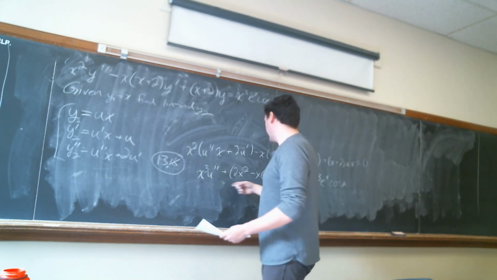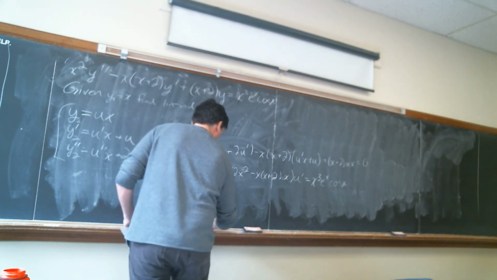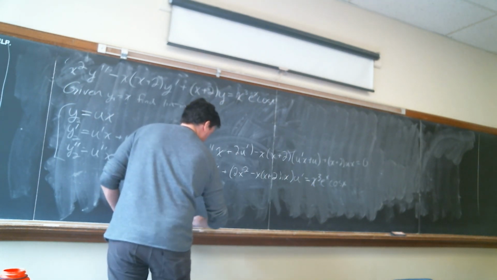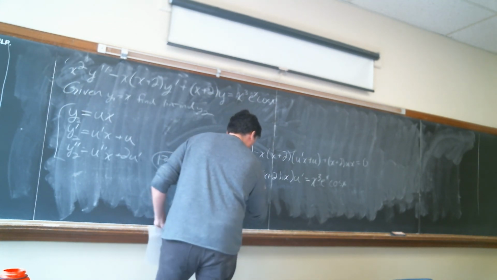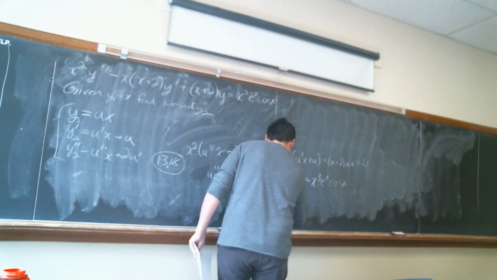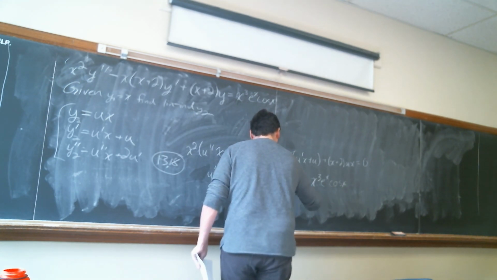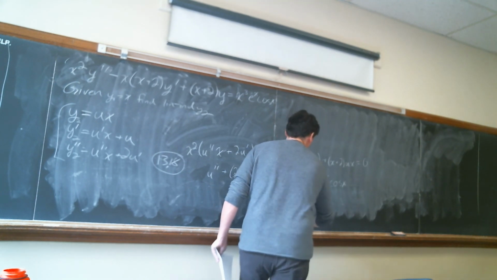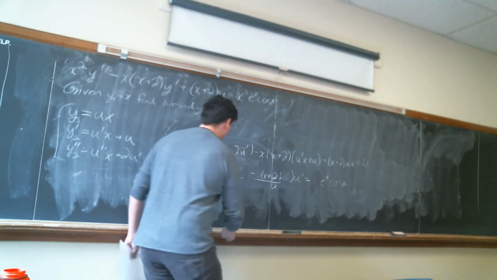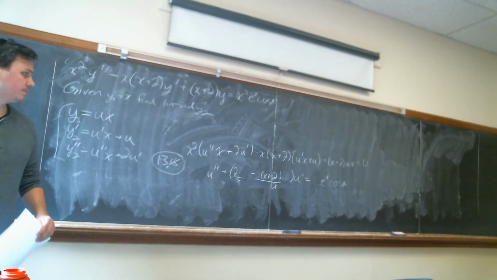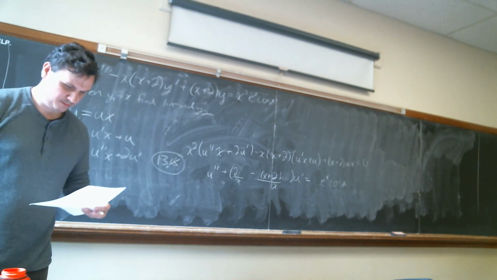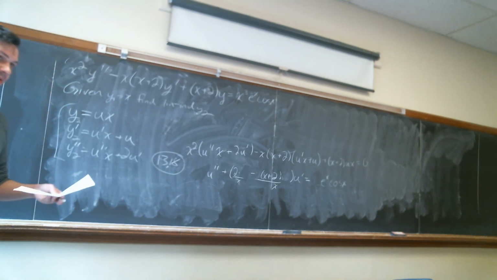And then we'll divide through by x cubed. And we're left with this problem here. And this is one of those missing-in-order problems. So we're just going to now substitute p equals u prime, and that'll give us a first order problem we can solve.